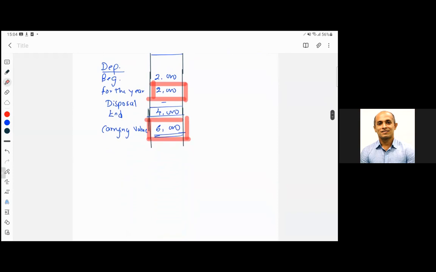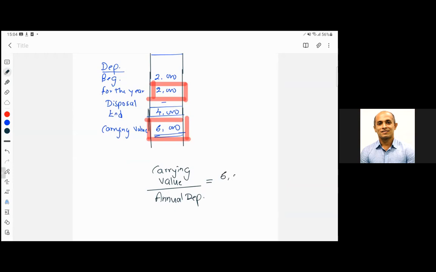So the number of years to be depreciated equals carrying value divided by annual depreciation.